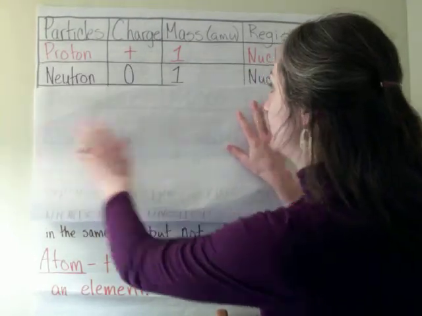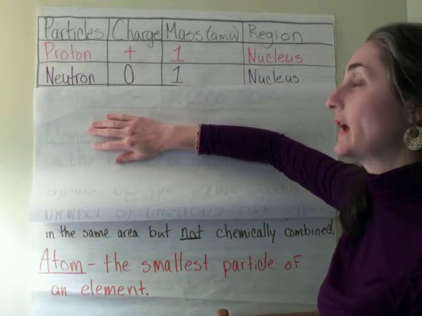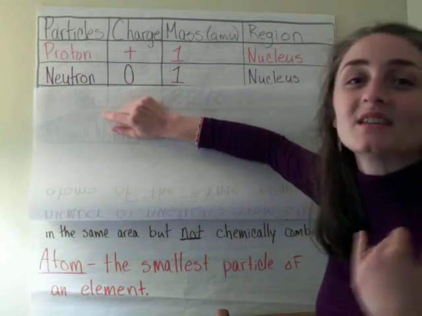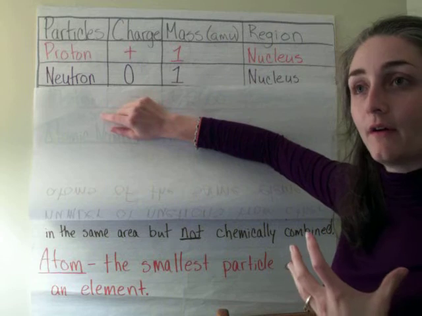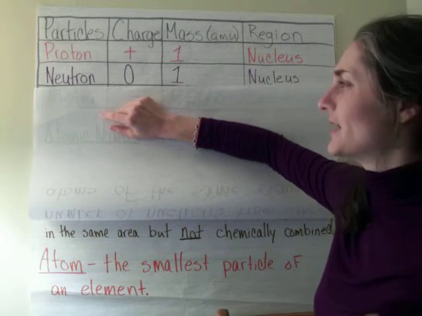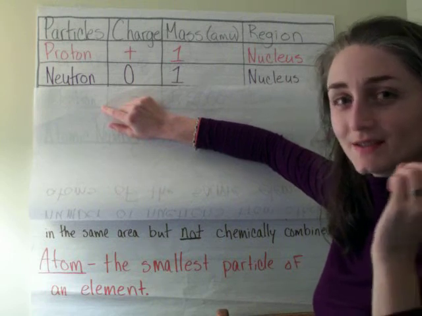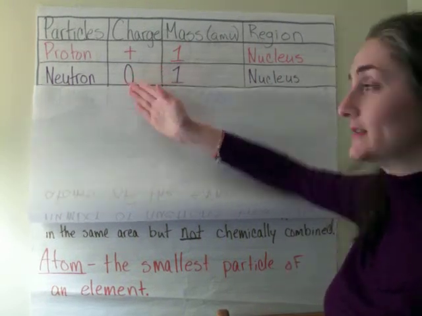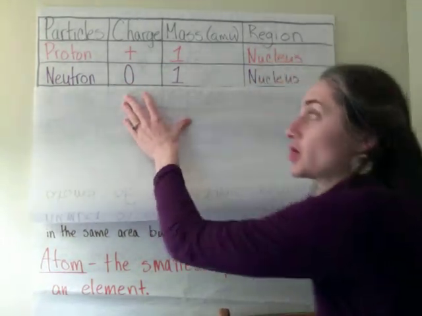Okay, next one. The next one we have here is the neutron. And the neutron has a 0 for its charge. And just like how I said that charges can be plus or minus, we also have a number that is not a plus and is not a minus, and that is a handy-dandy 0. So that's why we have 0 the hero as our charge for the neutron.